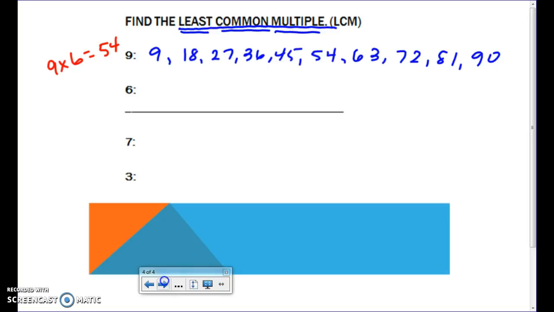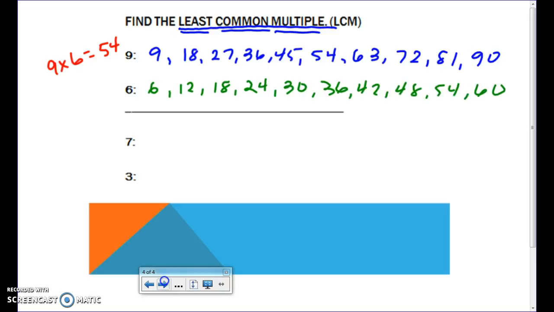Now I'm going to write the multiples of 6. 6 times 1 is 6, times 2 is 12, times 3 is 18, times 4 is 24, 30, 36, 42, 48. Okay, so there's my first 10 multiples of 6. Now, a lot of students decide right away that the LCM would be 54.